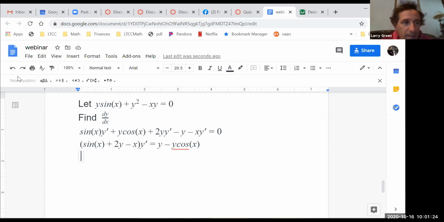So we get y prime equals, and we're going to have a fraction. We have y minus y cosine of x on the numerator, and the denominator will be sine of x plus 2y minus x.